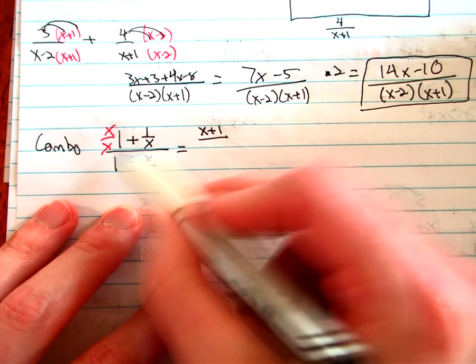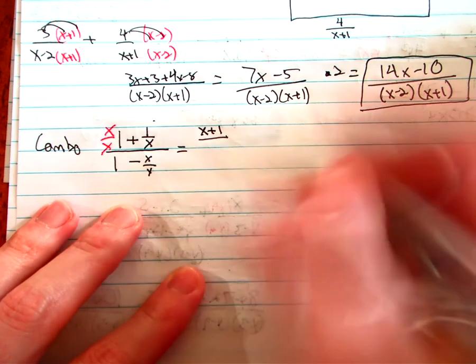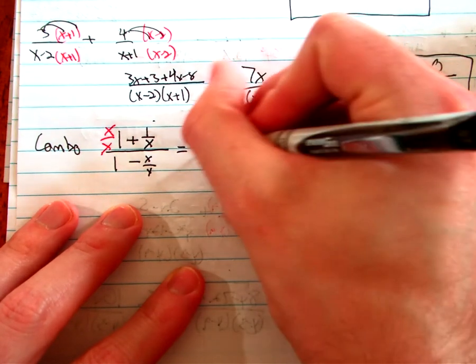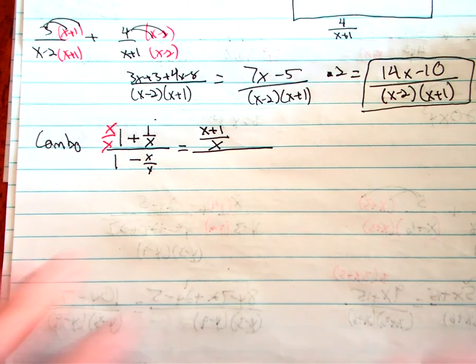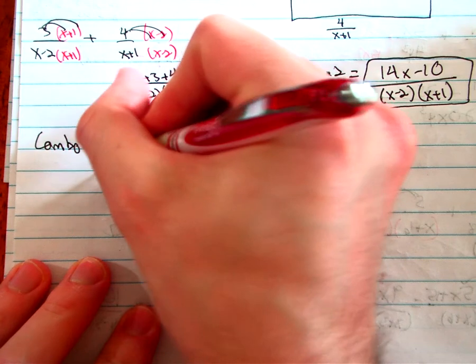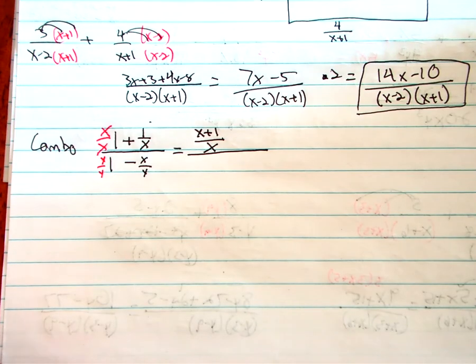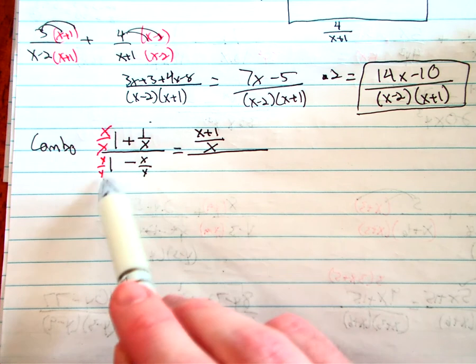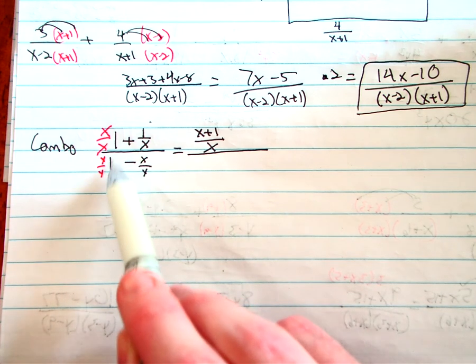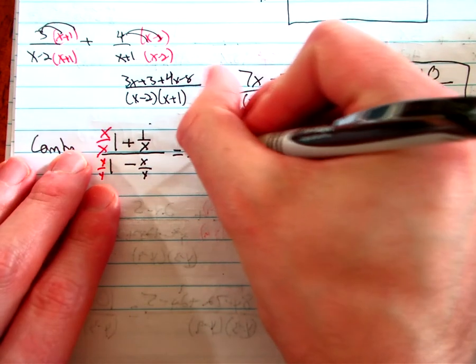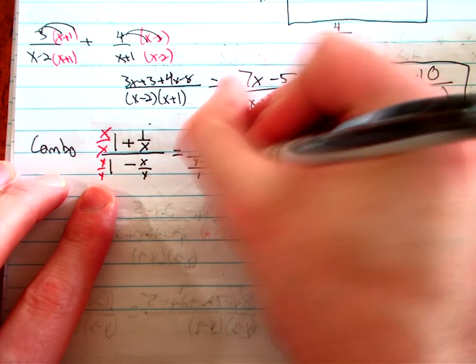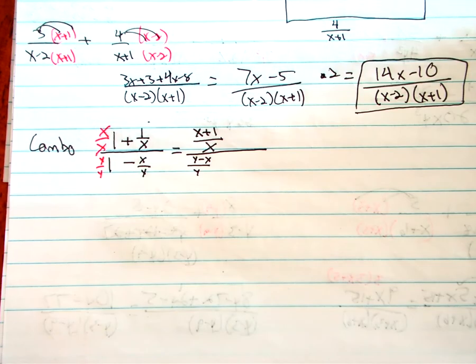If I change this 1 to an x over x, so the common denominator is x plus 1 over x. And a y over y. Okay, because this denominator is a y, so 1 would be y over y, common denominator here. So now this is y minus x over y.